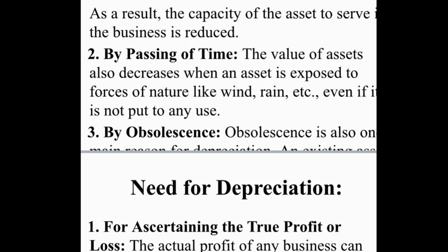Next year out of profit, I'll keep some amount aside. After the third year, I'll keep some amount aside. So every year for 5 years, if I keep some amount aside from the profit of the company, after 5 years I'll be getting 5 lakhs.